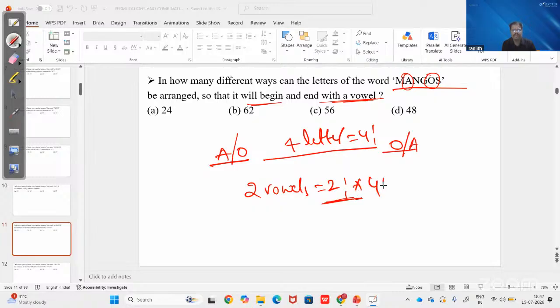So the total number of ways is 24 into 2, which equals 48 ways. Next.